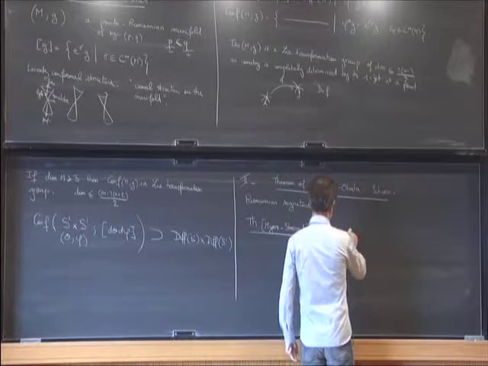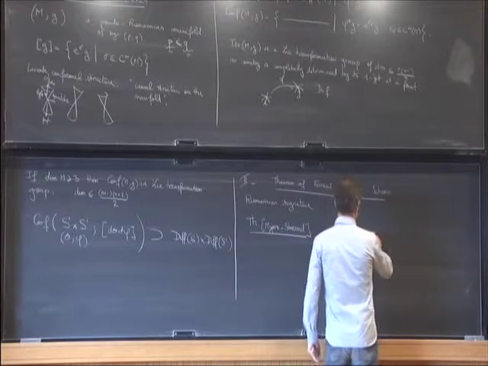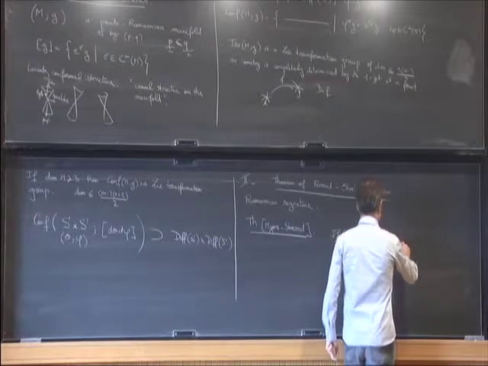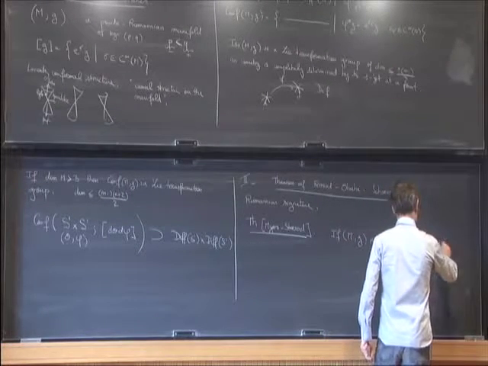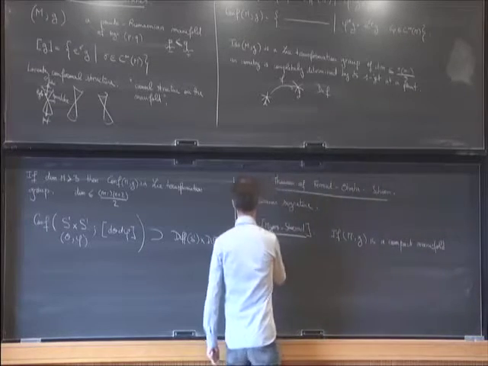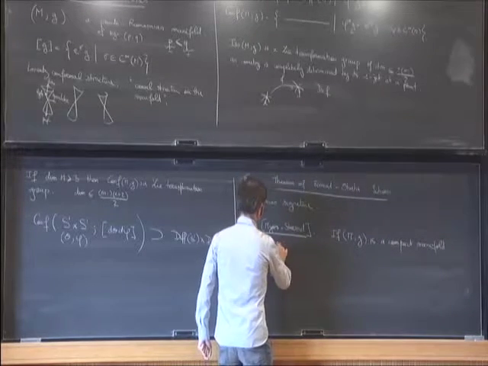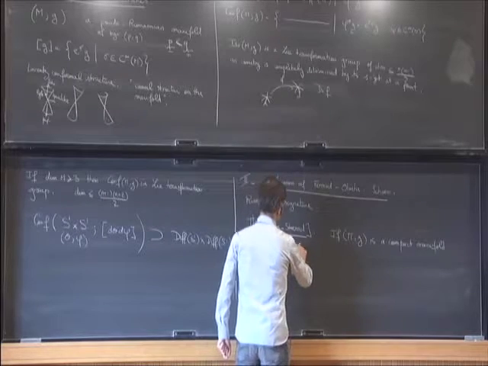If (M,g) is a compact manifold, then the isometry group is itself compact.